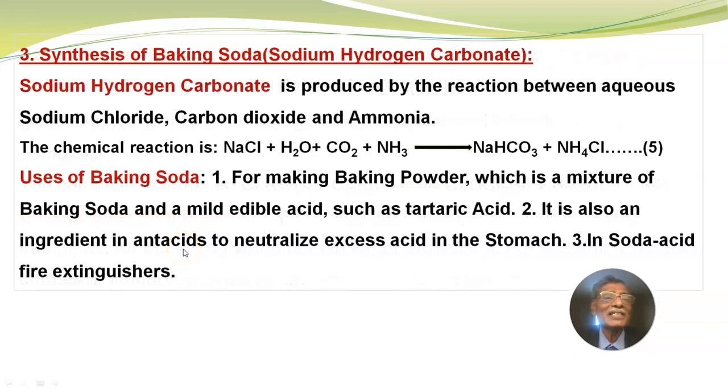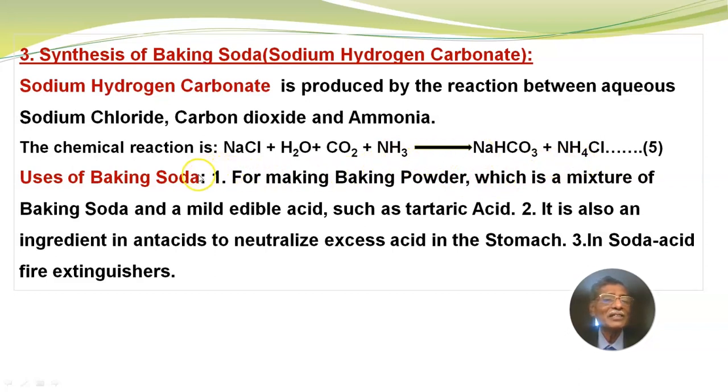Now let us discuss synthesis of baking soda, that is sodium hydrogen carbonate. Sodium hydrogen carbonate is produced by the reaction between aqueous sodium chloride, carbon dioxide, and ammonia. The chemical reaction is NaCl plus H2O plus CO2 plus NH3 gives rise to NaHCO3 plus NH4Cl.